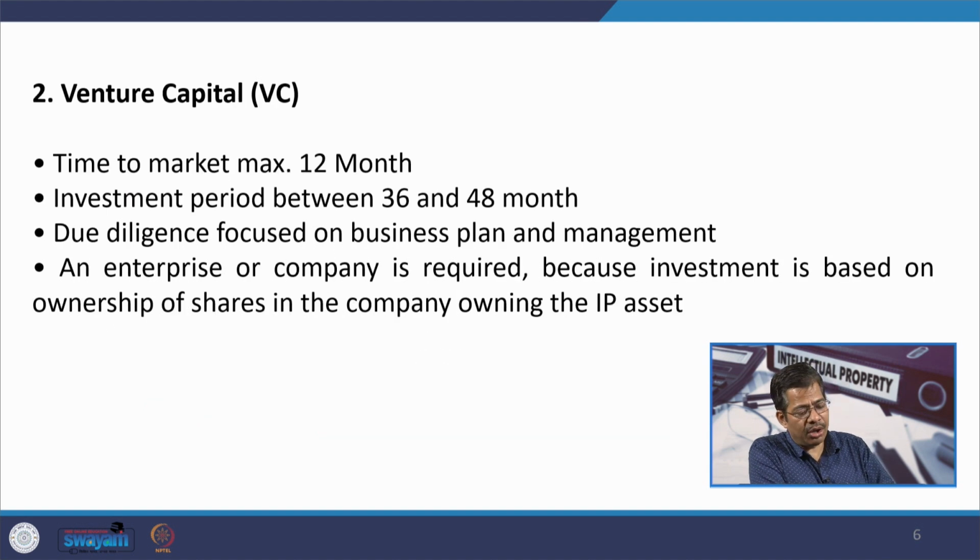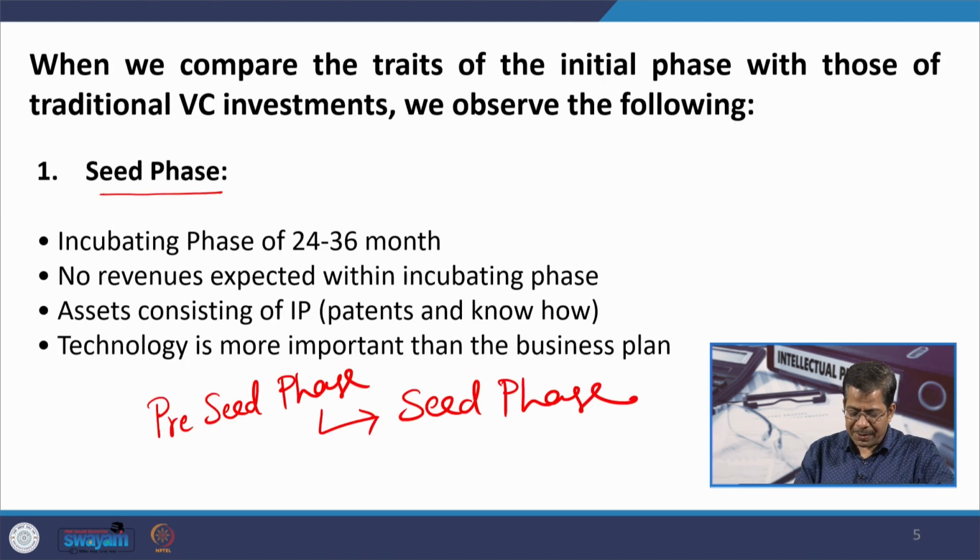Then comes the role of venture capital. Venture capital, VCs, who come after the angels. So, this particular phase, the seed phase, is when you are in a state of confusion, there is no clarity, a lot of clouds are there. At this time, there is a role for angels.